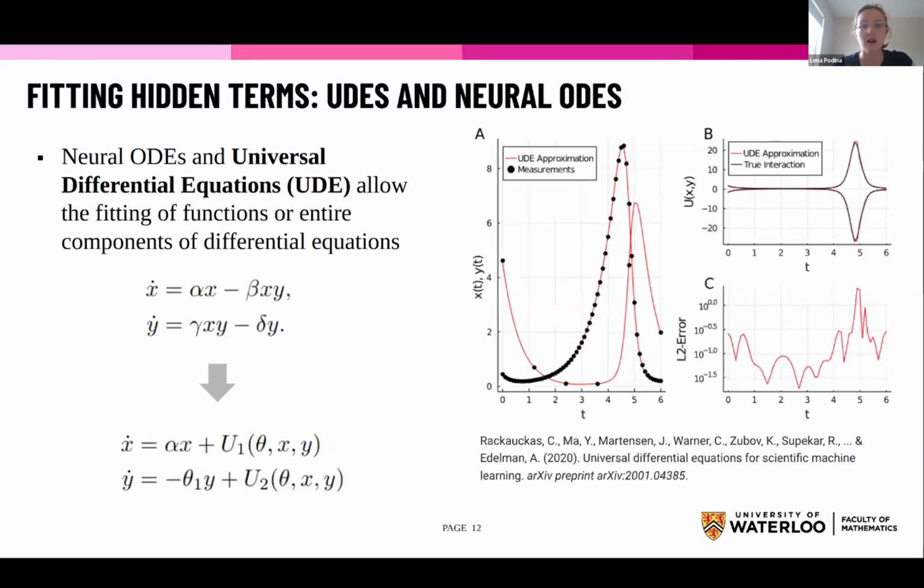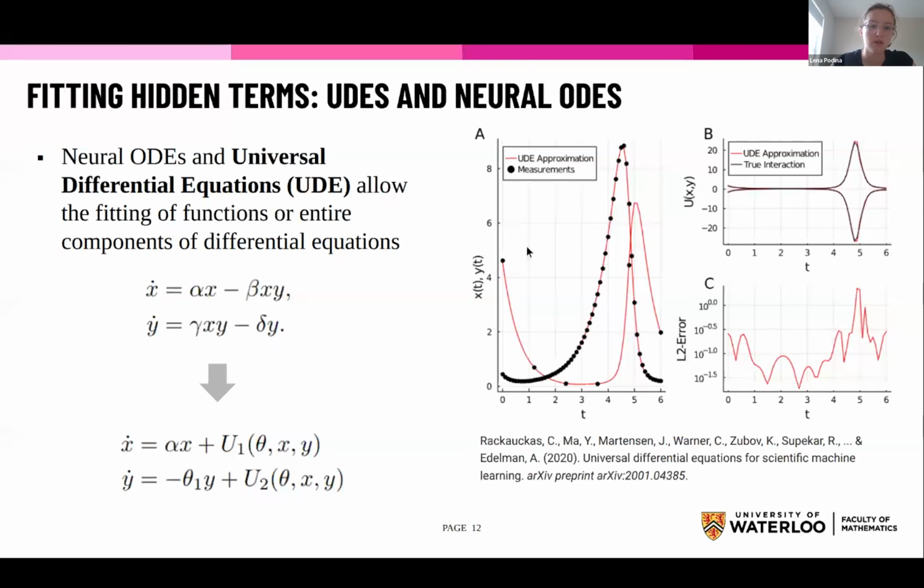There has been existing work in this area, mainly in UDEs and neural ODEs. What these methods do is similar. They allow the fitting of functions or entire components of differential equations from data. The way that they do that is they approximate these interactions with neural networks.